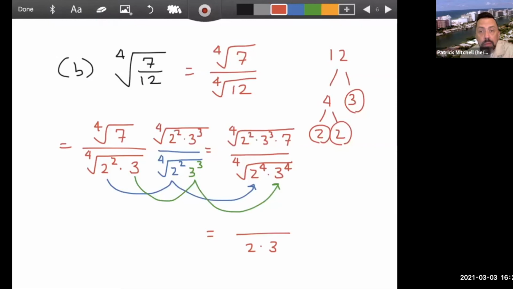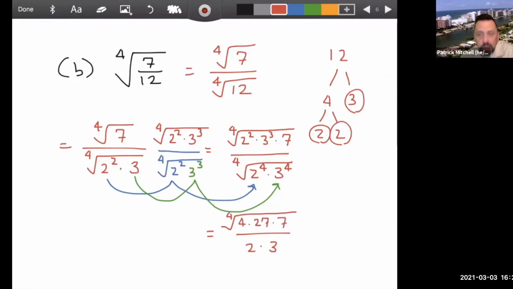So I guess now we might as well start thinking about what that is. 2 squared is 4. 3 cubed is 27.